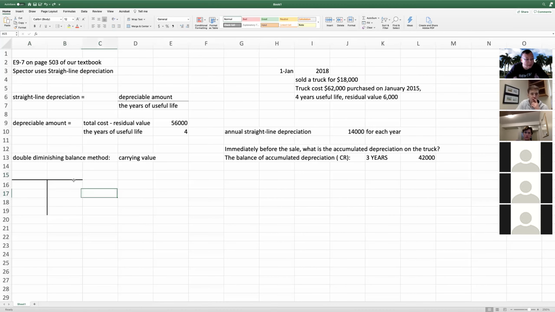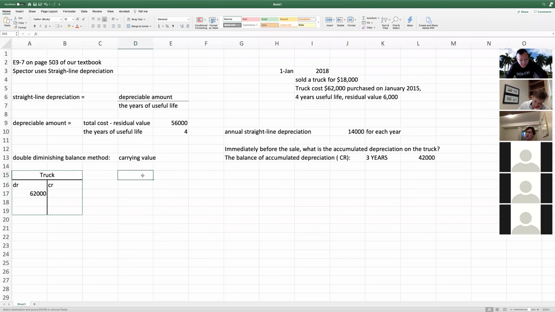Here is going to be my truck. The left side is the debit side, the right side is the credit side, okay? So remember the cost is 62,000. So that's the truck.